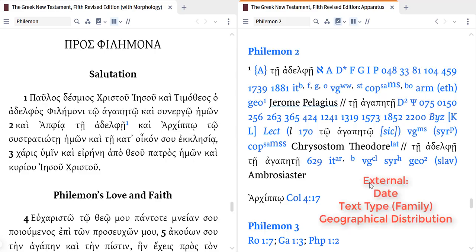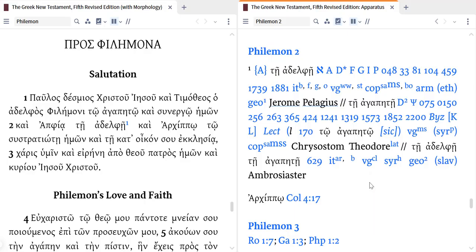External, we're talking about the date, the family of the manuscripts, and how widely distributed the reading is geographically. So date, text type, geographical distribution. If you do this, the earlier the better for date, the better textual tradition is preferred. Of course, that's debated. And then the wider geographical distribution. Those are 3 pieces of evidence for external evidence.